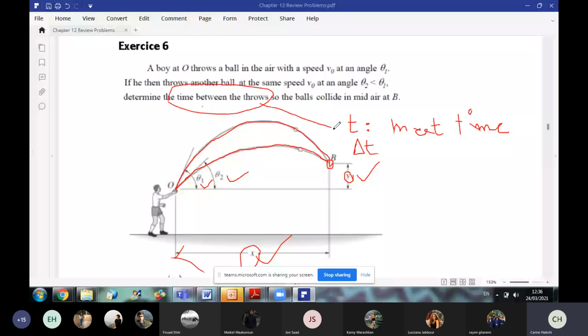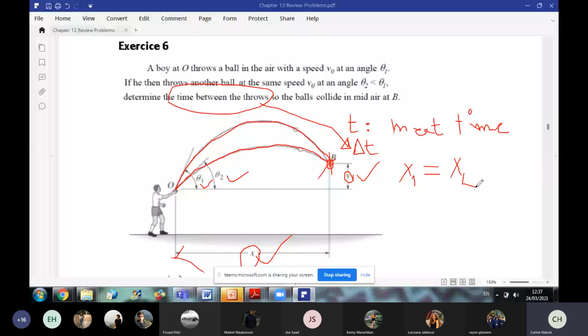Since we have two unknowns, we should write two equations. The two equations are very simple, because when the two balls meet, they will have common x and common y. So the two equations are that x of the first particle should be equal to x of the second particle, this is equation number 1.